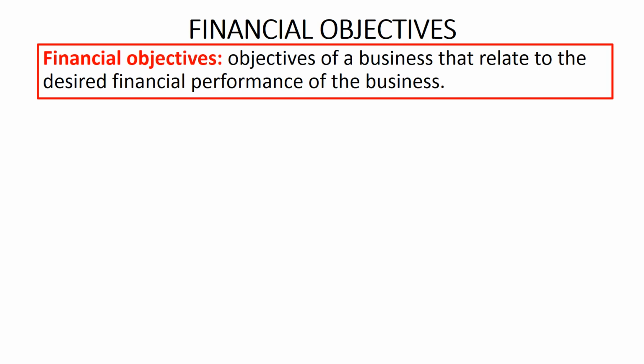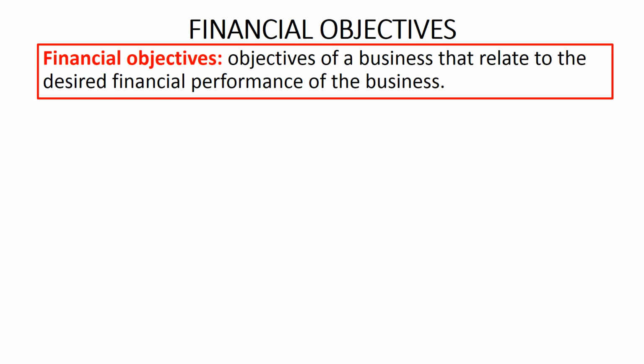You'll recall that the first type of business objectives is financial objectives. And here we have a definition of financial objectives which you should include in your summary table. Financial objectives are objectives of a business that relate to the desired financial performance of the business.